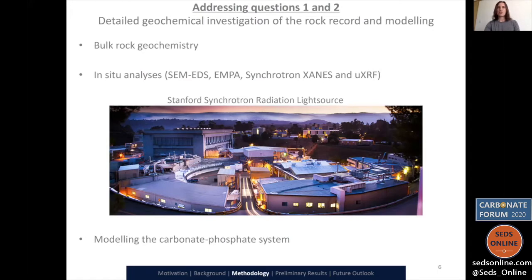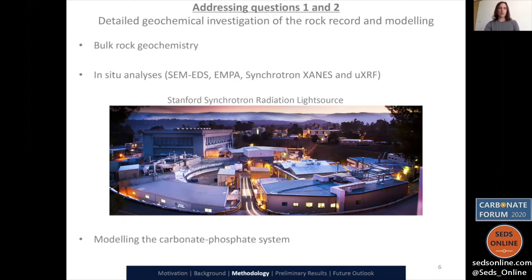In this empirical part of the study, we are looking at bulk rock geochemistry, for instance, from samples collected from almost 200 meters of continuously cored interval from Santos Basin, which I will be talking a little bit more about in the slides to come. As well, we are looking at in situ analysis, applying different instruments and resulting in further collaborative work, such as the SSRL shown there.